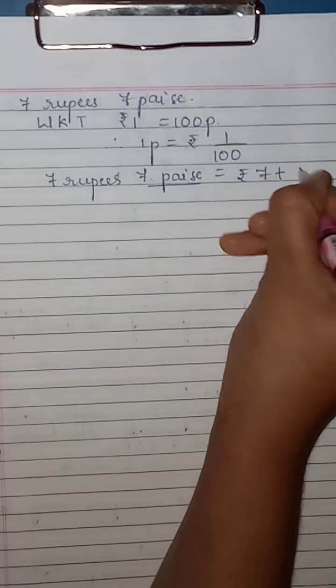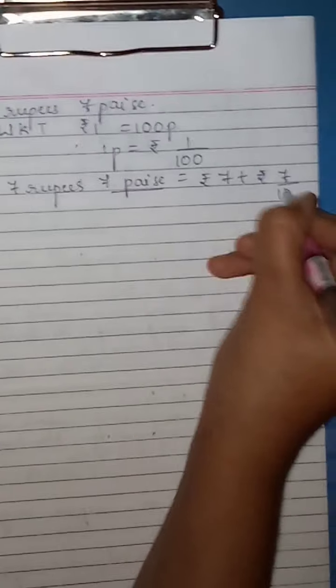Second one, 7 rupees 7 paise. See children, we know that rupees 1 equals 100 paise. Therefore, 1 paise equals rupees 1 by 100. 7 rupees 7 paise equals rupees 7 plus rupees 7 by 100.